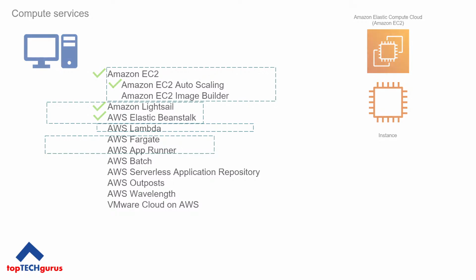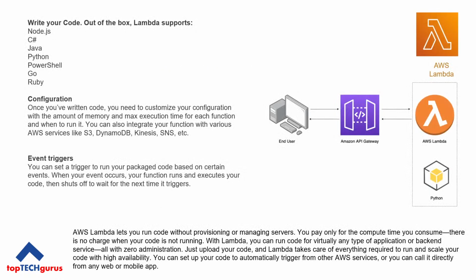Let's go on to AWS Lambda. AWS Lambda is where, if you look to the right, you just want to build an API or a web service, and you don't want to worry about setting up a server, setting up the OS on top of it, setting up the network for it. Then you directly write your code in one of these languages: Node.js, C#, Java, Python, PowerShell, Go, or Ruby.